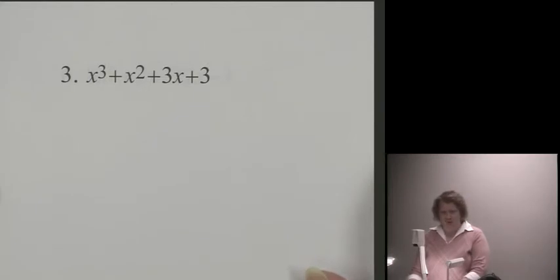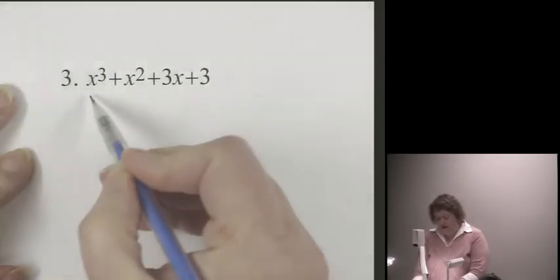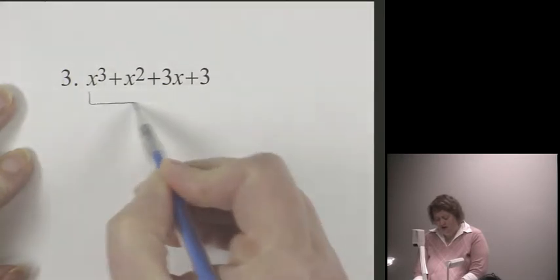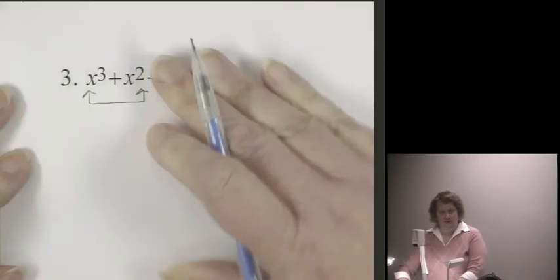And if it doesn't work, then it's what we call prime or not factorable. In this case, we're going to look at just the first 2 terms, here and here, and ignore the last two terms.